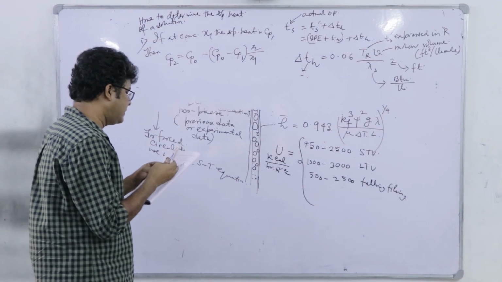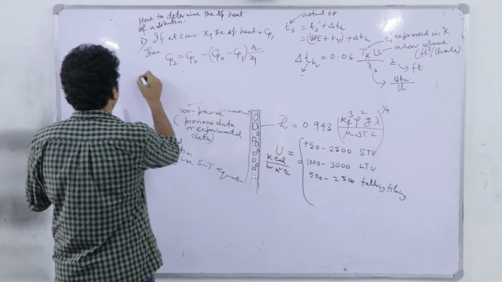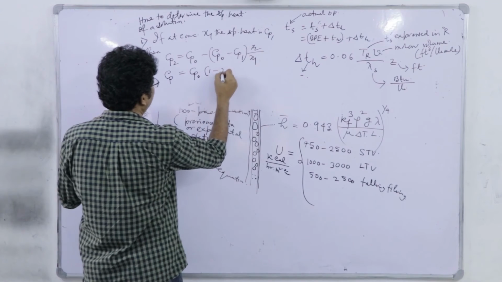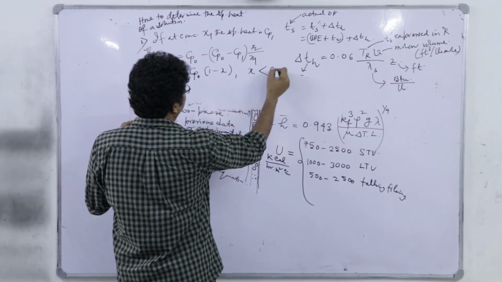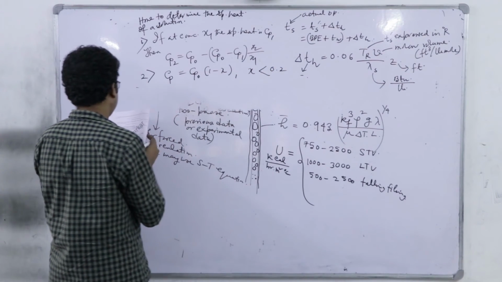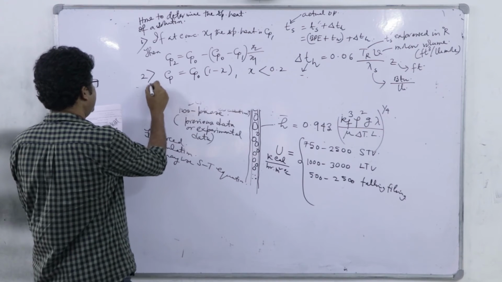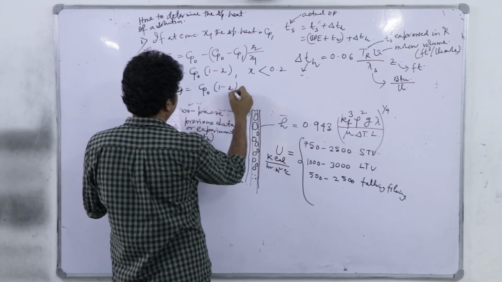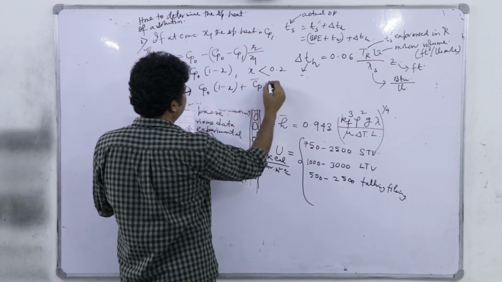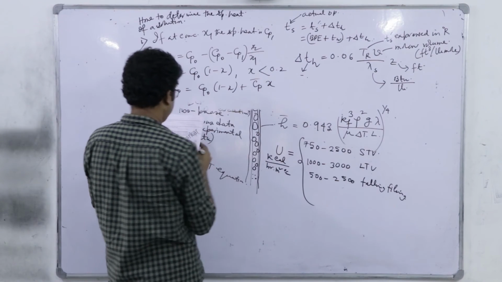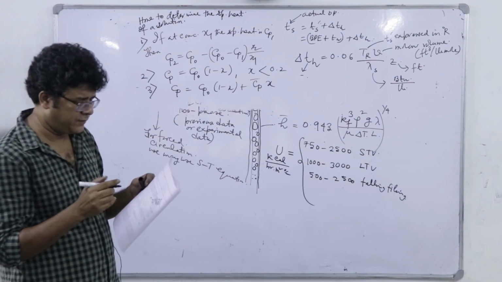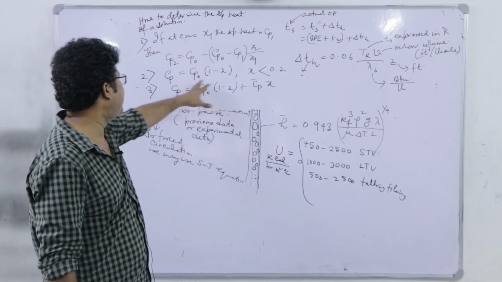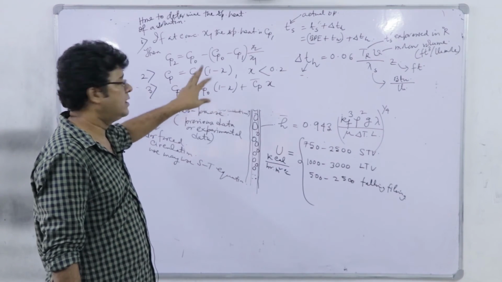Definitely there are other ways. This is an approximate equation, that Cp equals Cp0 into (1 minus x), where x is less than 0.2, the specific heat of the major solvent. And third is Cp equals Cp0 into (1 minus x) plus the anhydrous solid specific heat into x. So for anhydrous solid, if we know the specific heat, definitely we can get a tentative value of Cp for the solution.